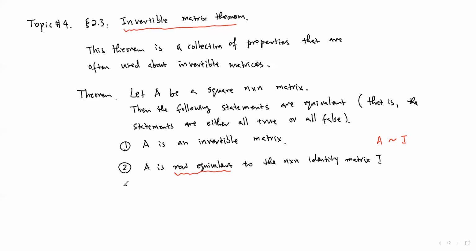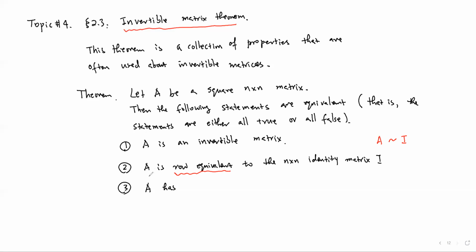Number 3. If A can be reduced to the identity matrix, then all the columns of matrix A are pivot columns. All the columns contain pivot positions.